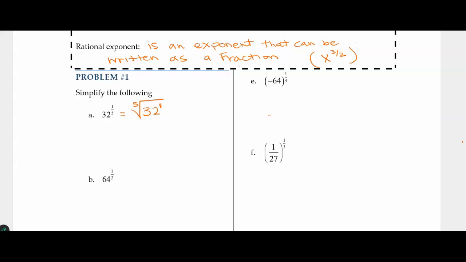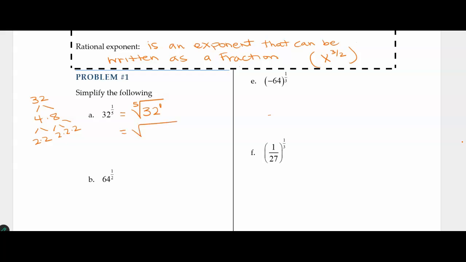Well, 32 to the 1st power is just 32, right? And then I can just do what we were doing on the other one, right? Break down 32. So 4 times 8, breaks down as 2 times 2, and you probably should just have memorized that 8 breaks down to be 2 times 2 times 2, because you're going to see it a ton.